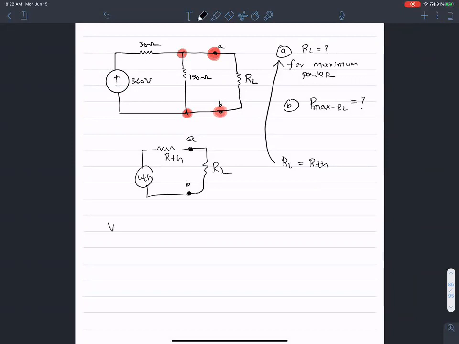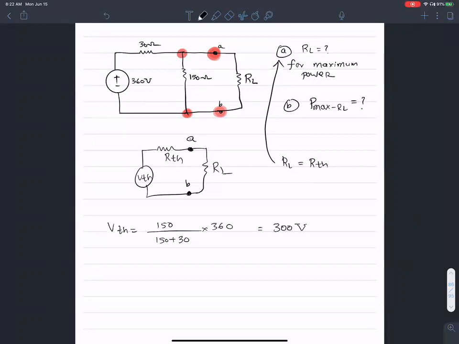So V Thevenin equals 150 over 150 plus 30 times 360. Okay, so that's the voltage division, the amount of voltage drop across the 150 ohms. So that is going to come out to be 300 volts.